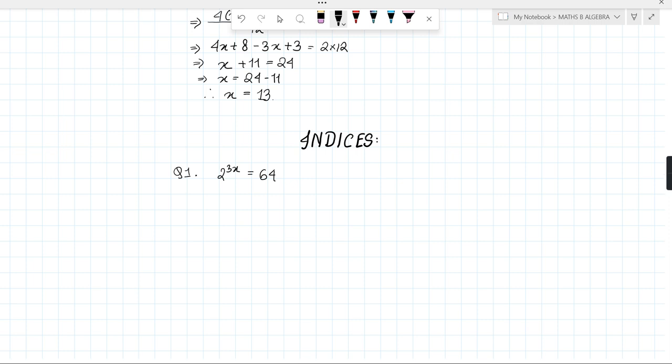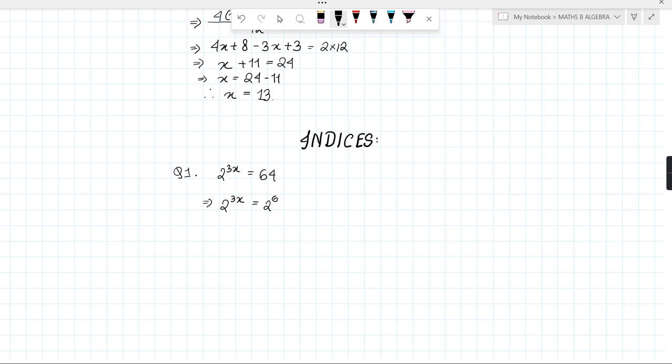Now what we do is try to express 64 as a power of 2. If you take 2 to the power 5, you get 32. If you calculate the value for 2 to the power 6, you get 64. So you can write 64 not just in the 64 format, but as 2 to the power 6.